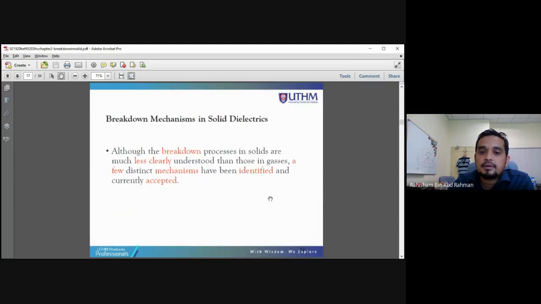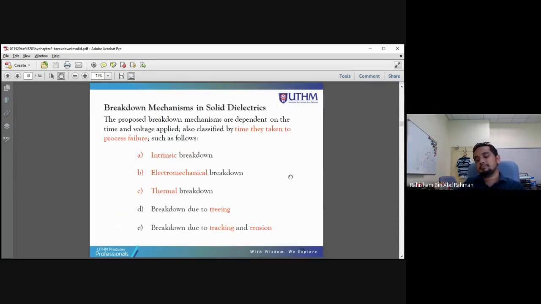Okay, we have several mechanisms that trigger the failure of the solid dielectric. First, we have the intrinsic breakdown, in which we have the ionization process within the material that leads to the breakdown. We have electromechanical breakdown, in which the force of the electric field compresses the dielectric material until it causes a breakdown.